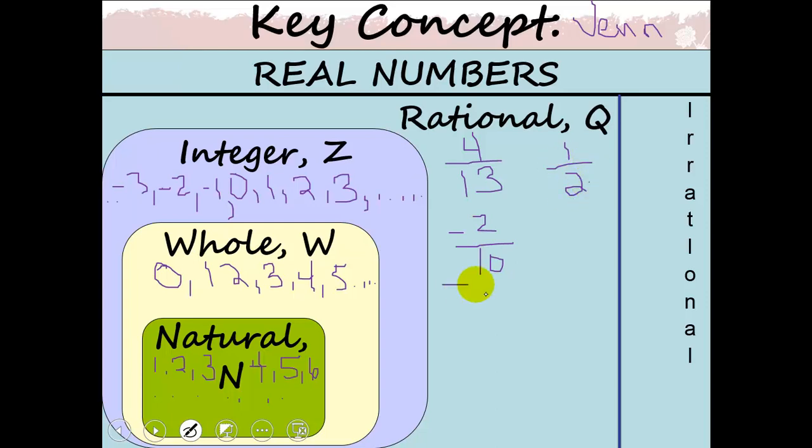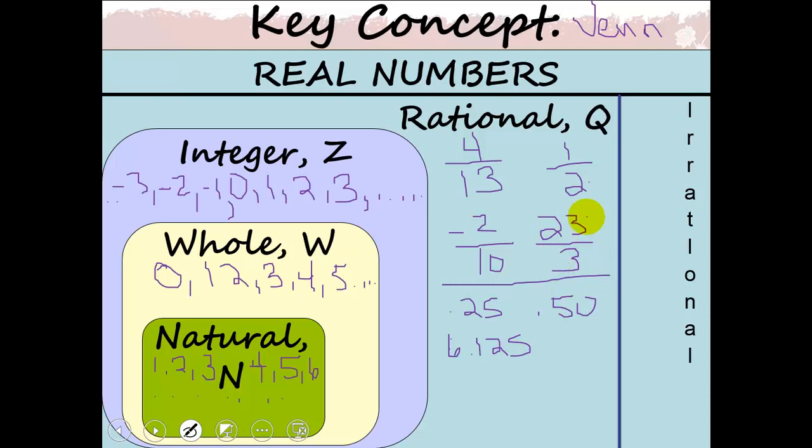You can also have terminating decimals, like 0.25 or 0.50 or 6.125. Okay?